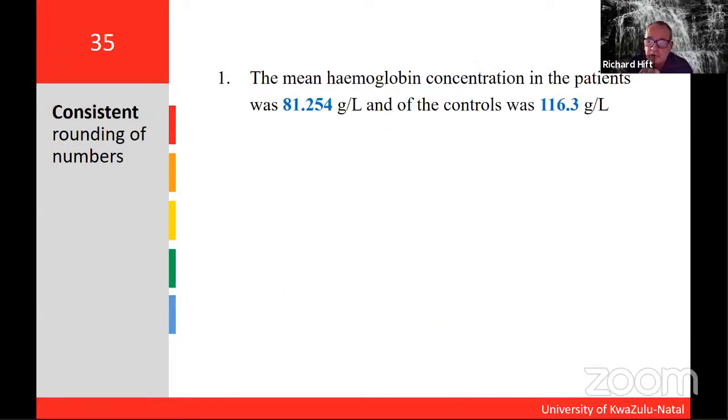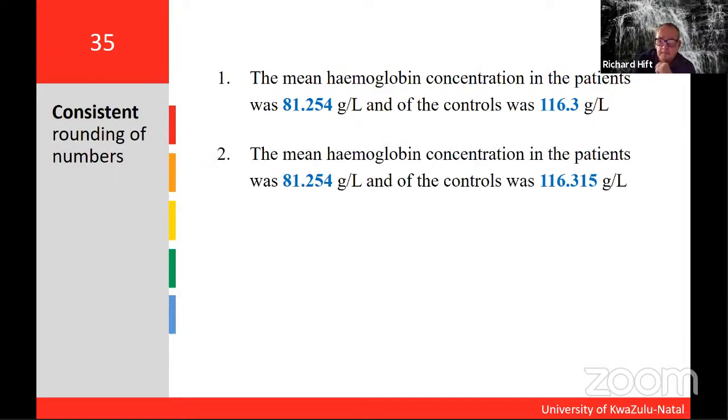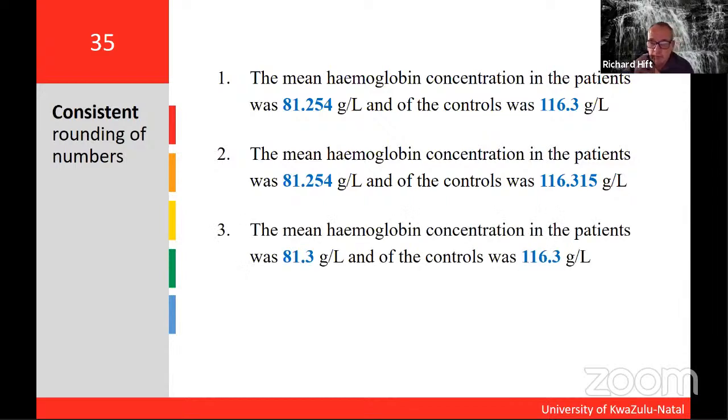Now, what's wrong with this statement? It's inconsistent. One has got 3 decimal places and the other one has only got 1. They must be consistent. So if you want to use 3 decimal places in one, then you must use 3 decimal places in all of them. But I think we'd all agree that 3 decimal places is entirely inappropriate for a hemoglobin concentration anyway.